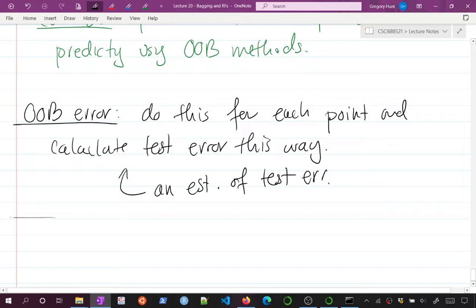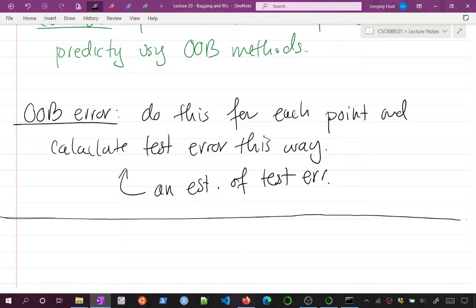And this is called the out-of-bag error estimate.